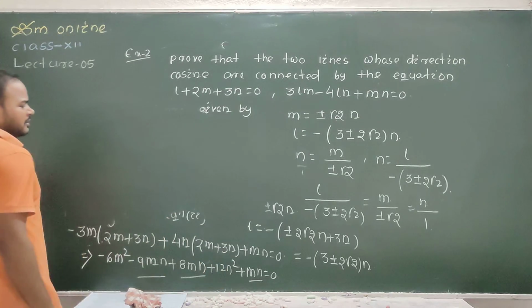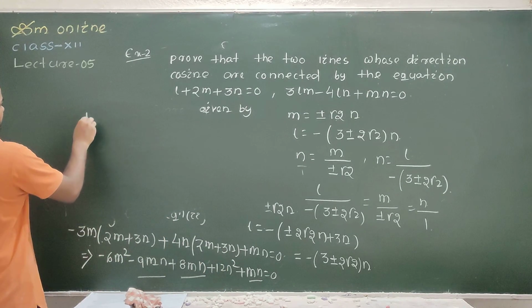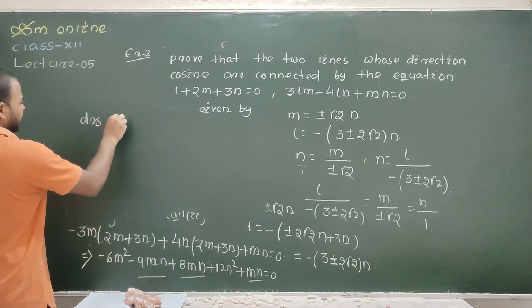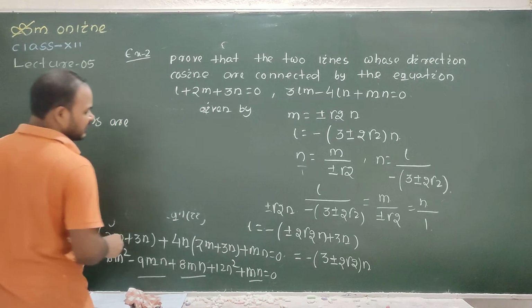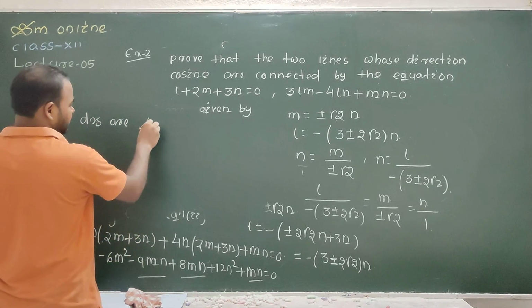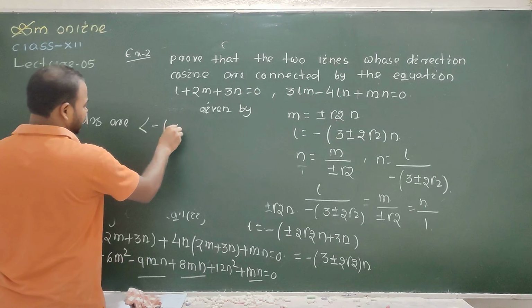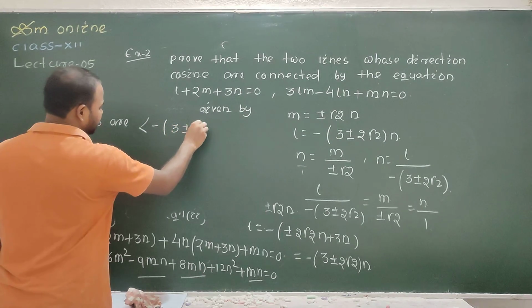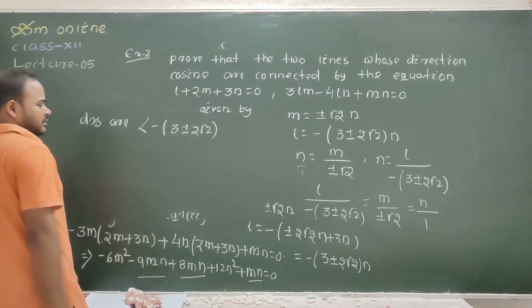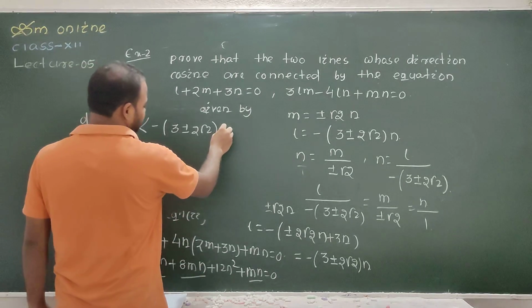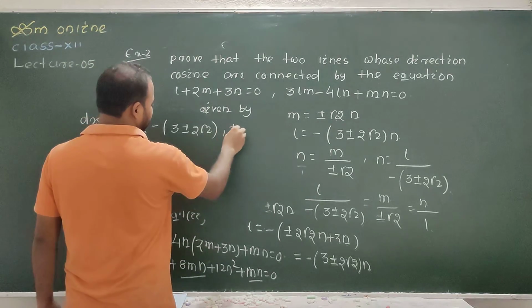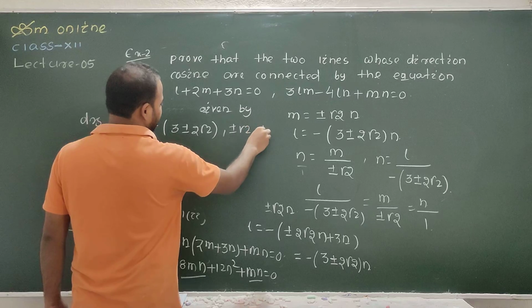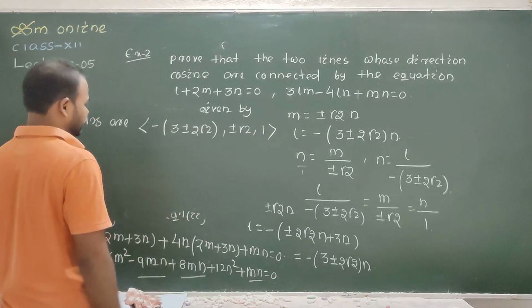Now DRs of the first line. Here the DRs are given by minus of 3 plus minus 2 root 2, this is plus minus root 2, and 1. These are the DRs.